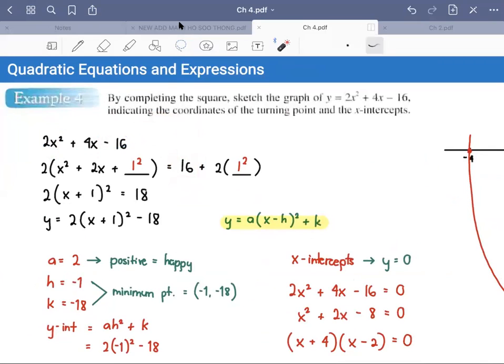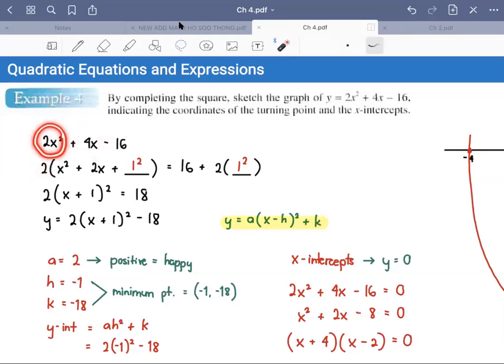So you bring down 2x² plus 4x, right? And again, x² has a coefficient, so you need to get rid of this 2 by factoring. 2 is the common factor between 2 and 4.